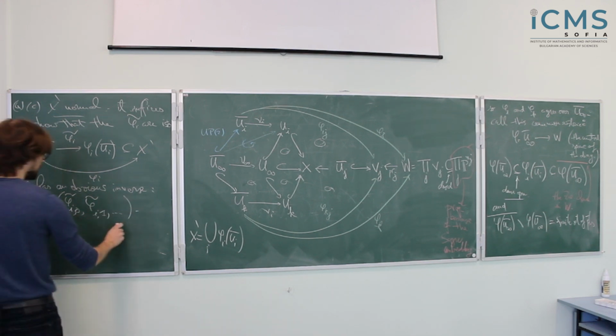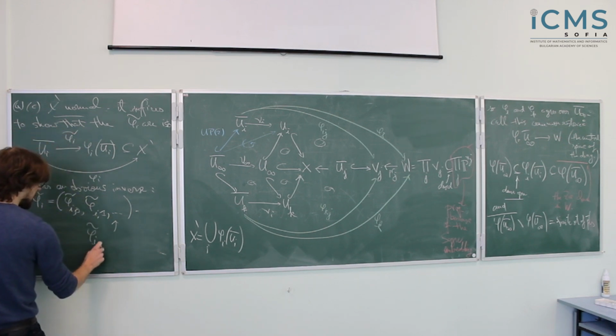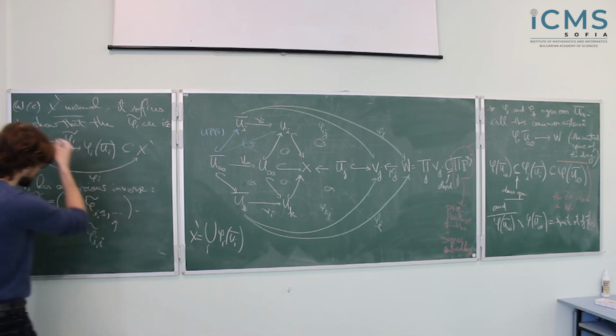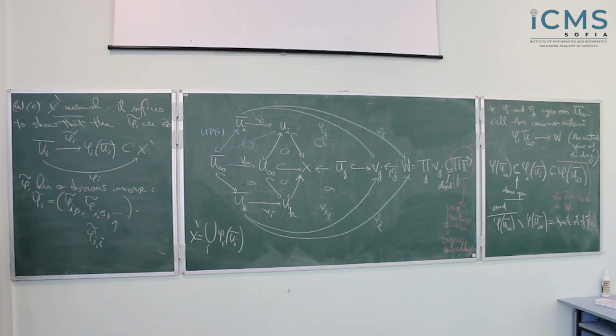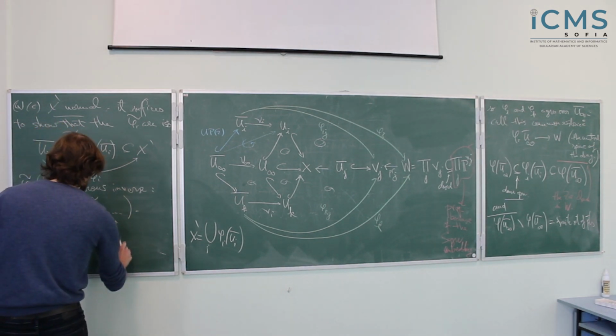But among them, there's the one that is more important than the others, phi I. And this is the one that is going to give us the answer. And what is this map phi ui I?